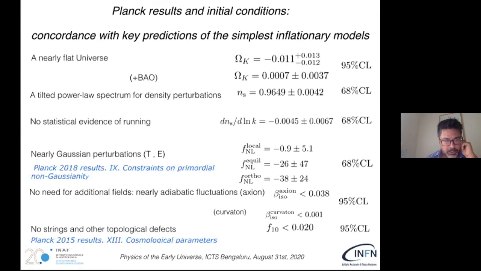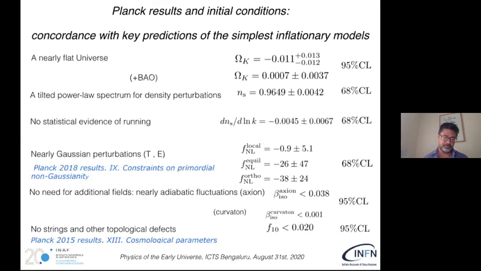As Nicola already mentioned, the statistics of perturbations is consistent with a Gaussian one, and I'm reporting here the bispectrum parameter f_NL for the main local, equilateral, and orthogonal shapes. So there is no need for additional fields during inflation.